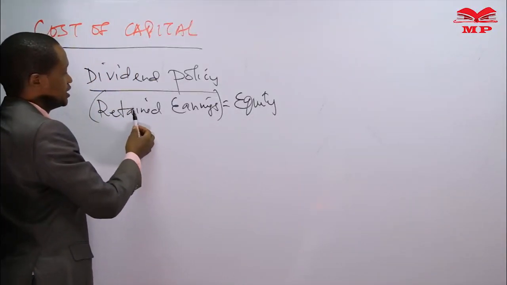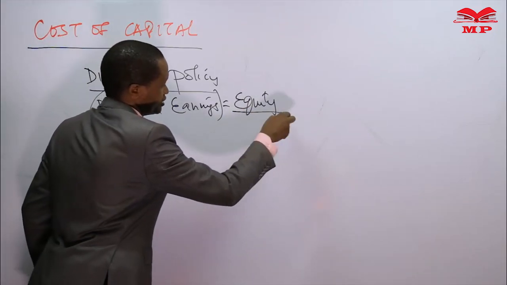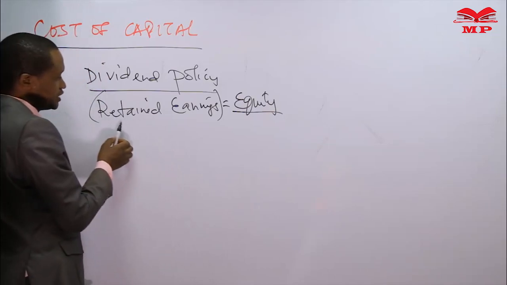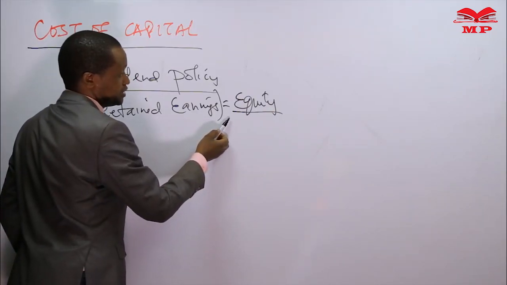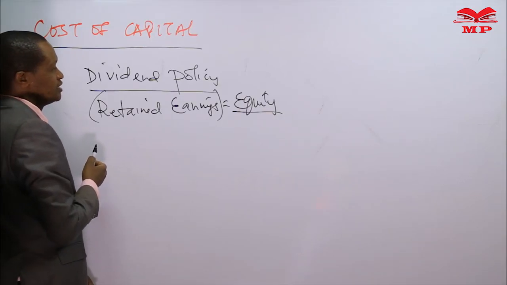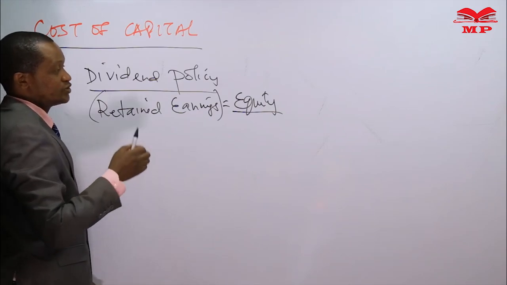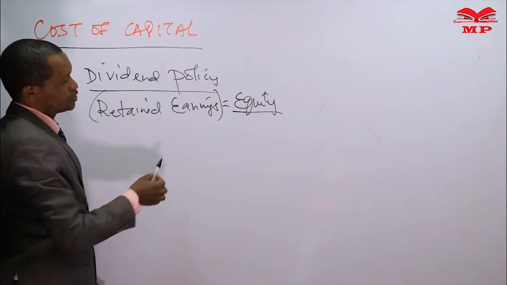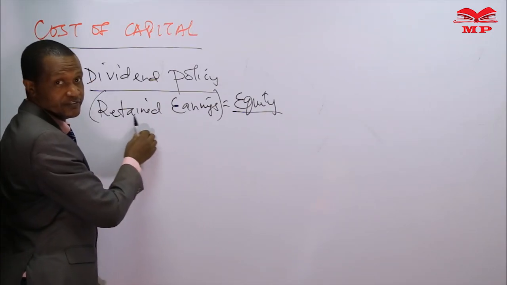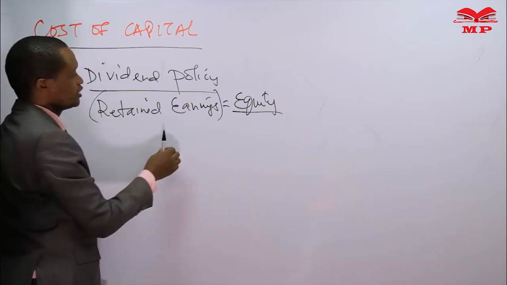This is money that is retained for the sake of shareholders. So if it is cheaper to obtain this equity, which is in form of retained earnings, then the finance manager may advise the company not to propose any dividends to the shareholders, because ideally this money is meant for distribution as dividends.